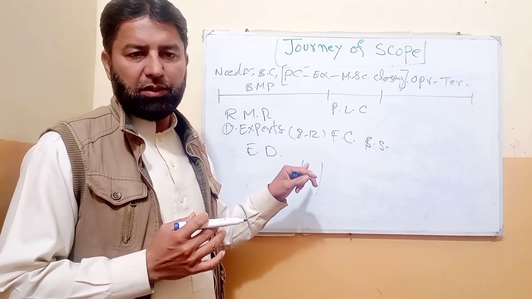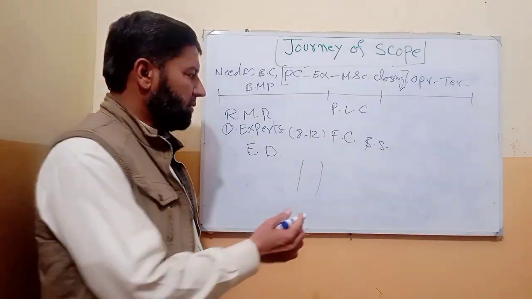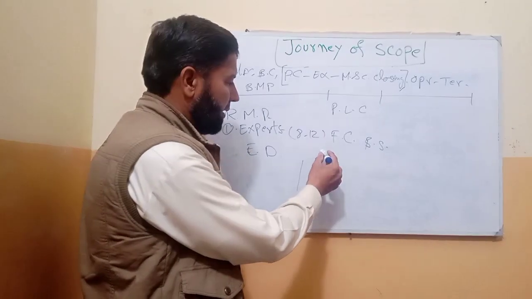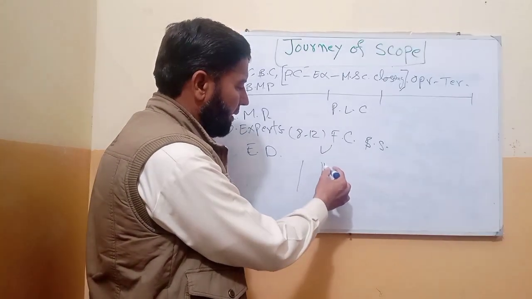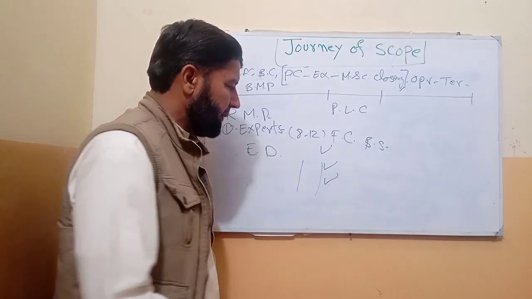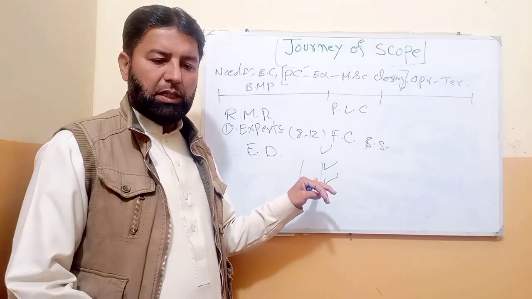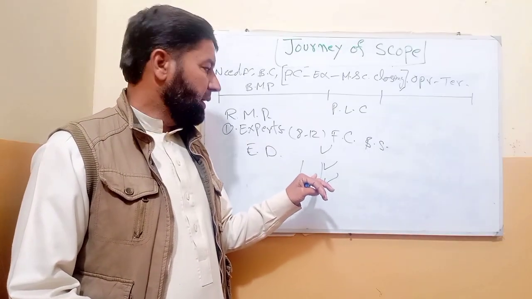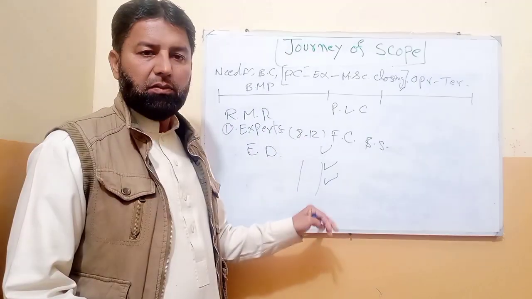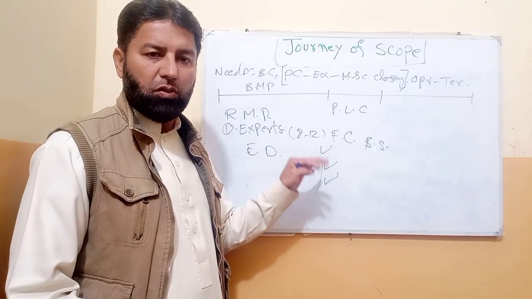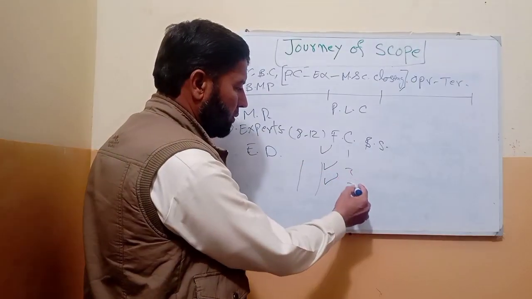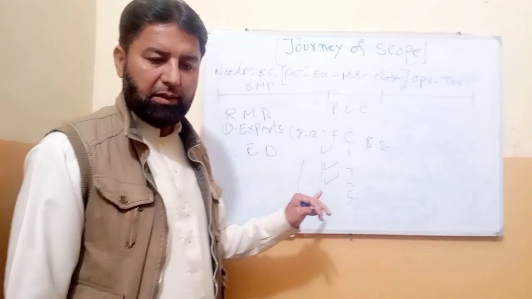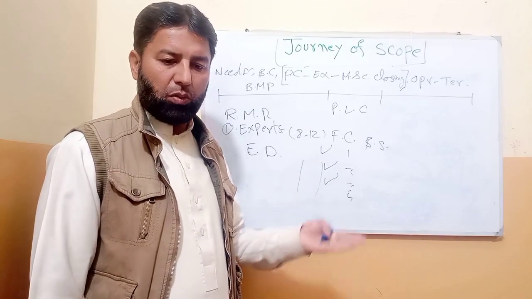Then checklist. We check whether these requirements are available or not. If available, tick OK. Then we use a check sheet. We have already collected the requirements and we count 1, 2, 3, 4 like that. A check sheet is used for counting.